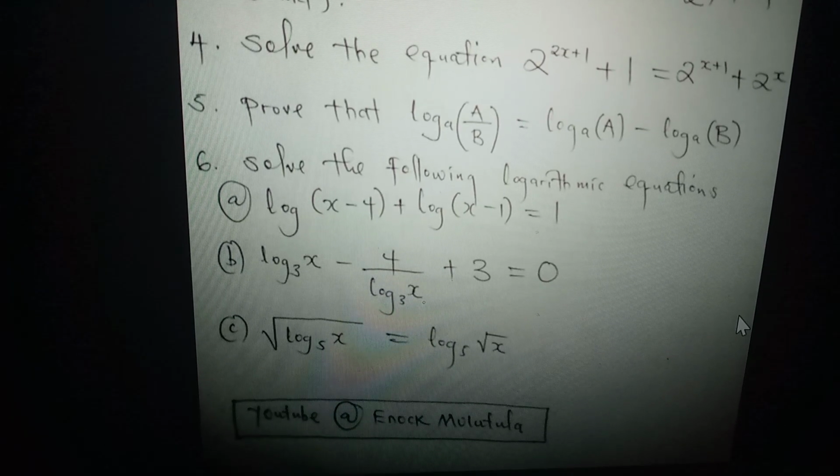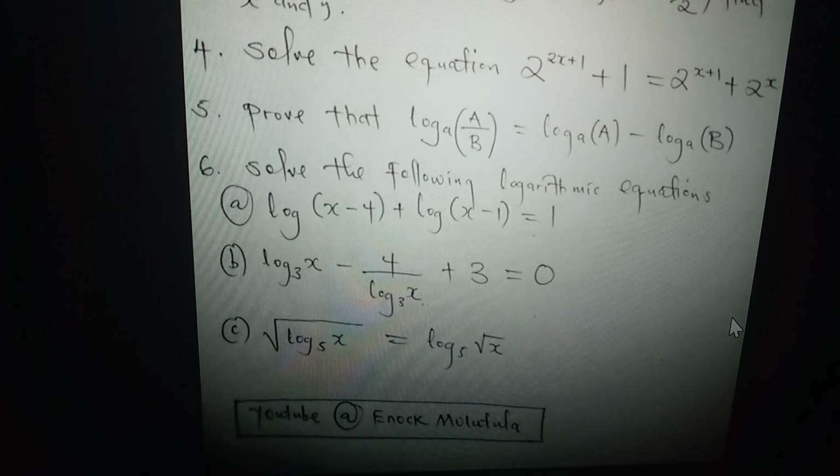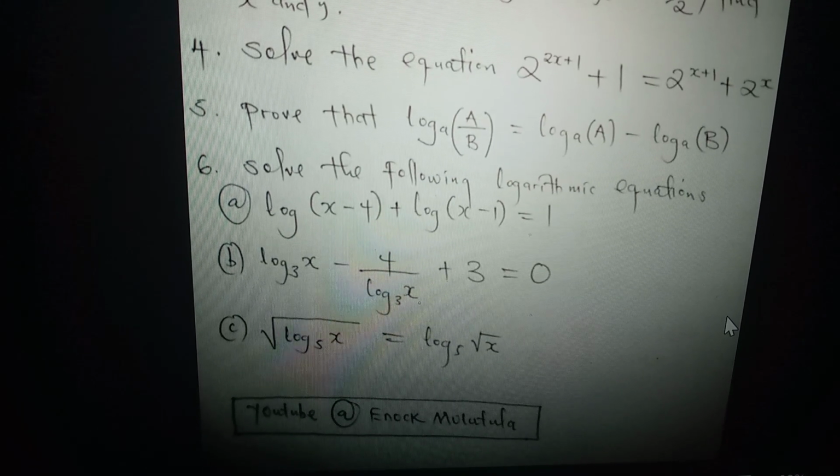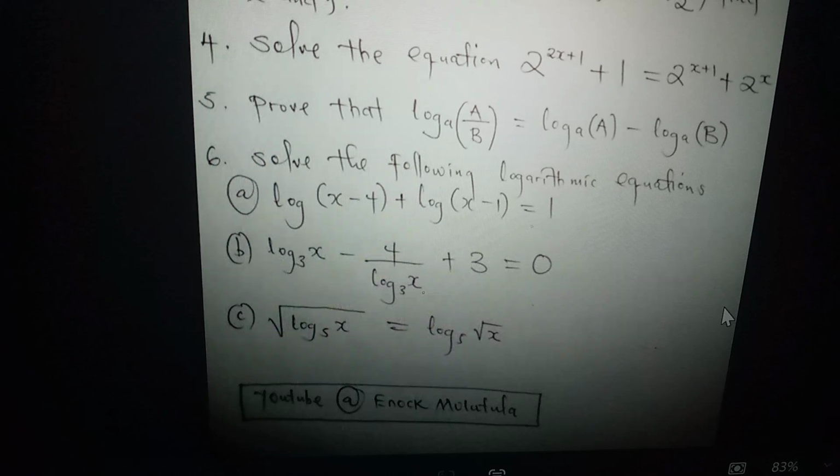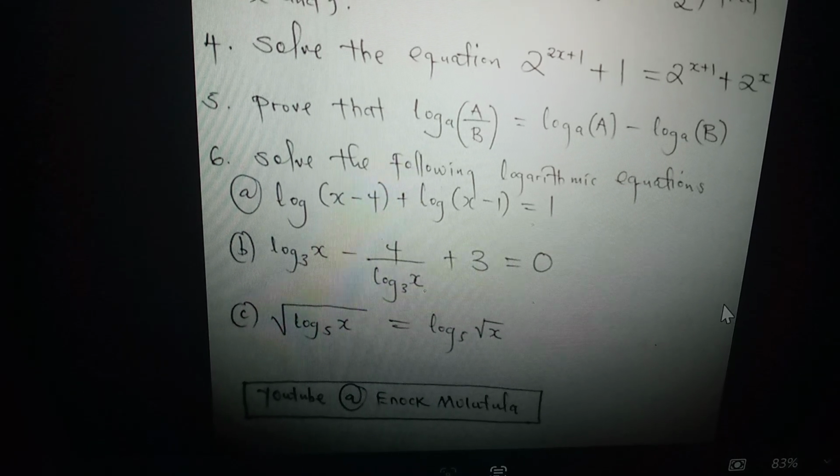So the fifth one, they are saying prove that log of base a of a over b is equals to log a of a minus log a of b. So we can also answer that one.